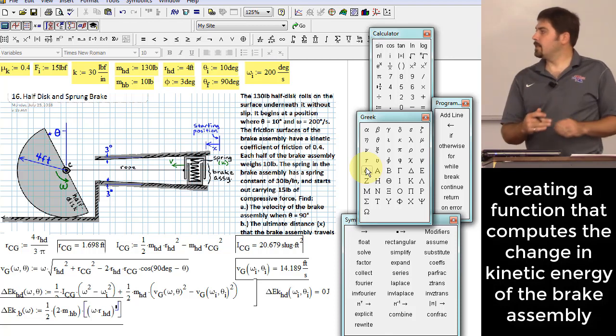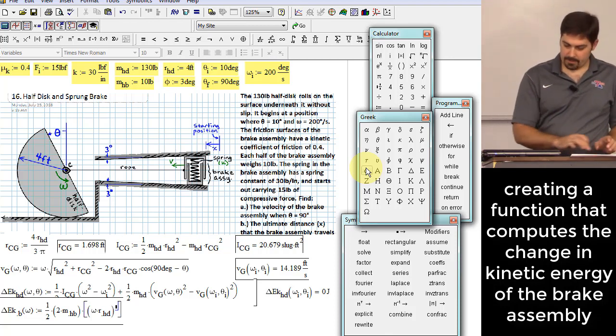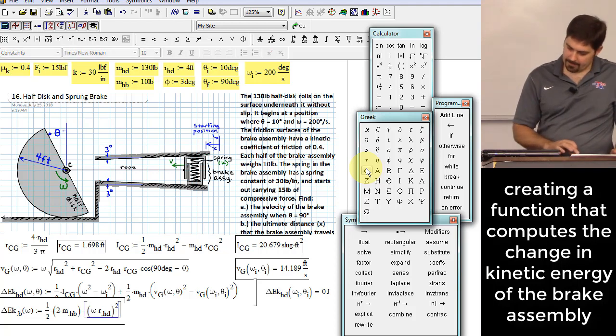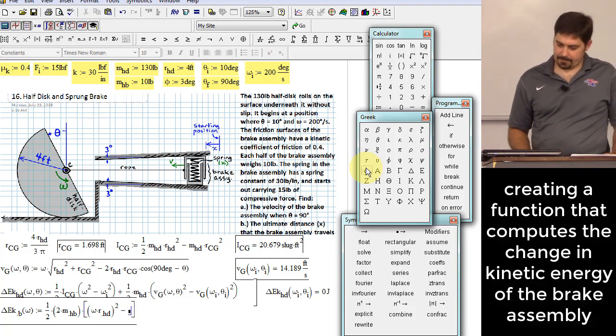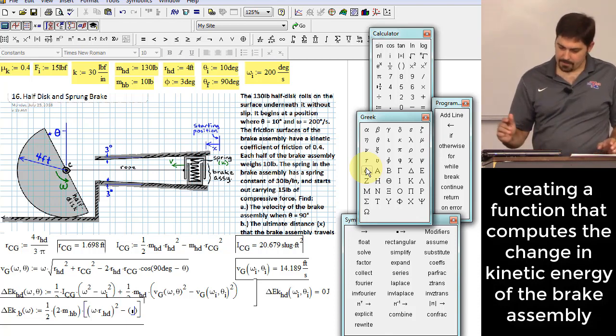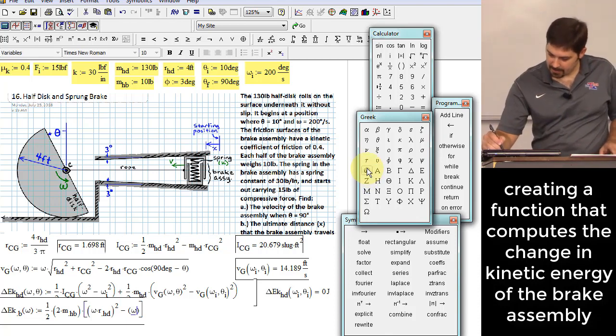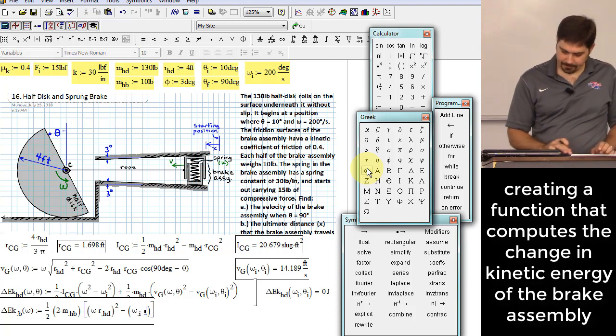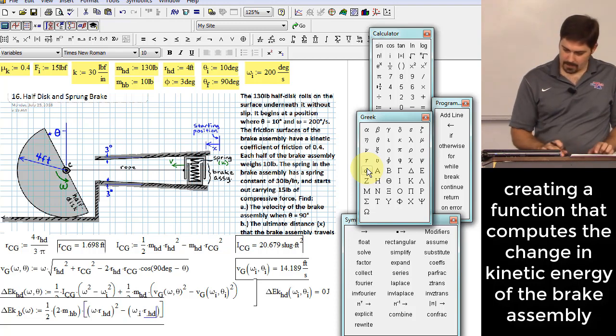All right, so I have that squared, minus what I had initially, squared, which would be omega sub I times R sub HD. And then all of that is going to be squared.